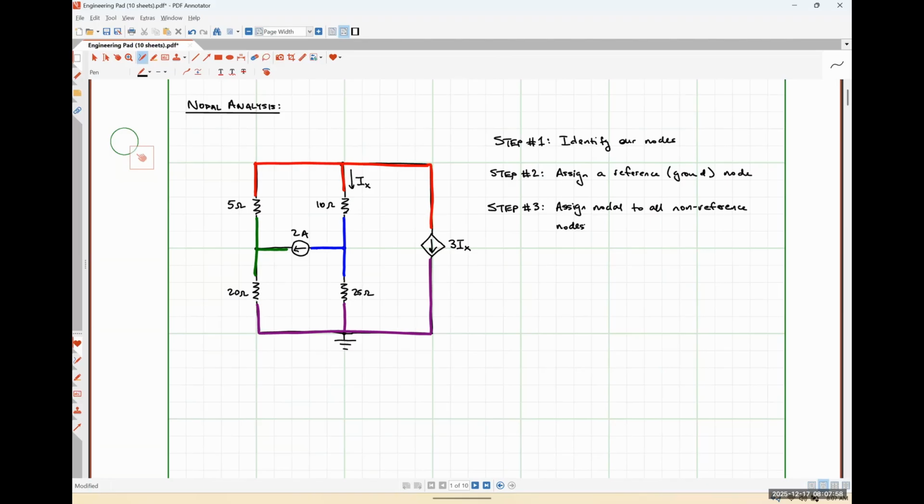So I'm going to call this node on top node A, and I'm going to say that there's some nodal voltage VA present at this node, and I'll explain what a nodal voltage is here in a moment. I'm going to say that the green node on the left is node B, so I'll have some nodal voltage VB. And lastly, this blue node is going to be node C, so I'll assign this guy a nodal voltage VC.